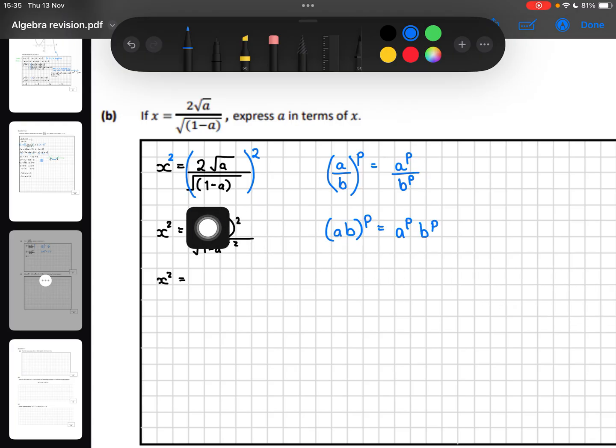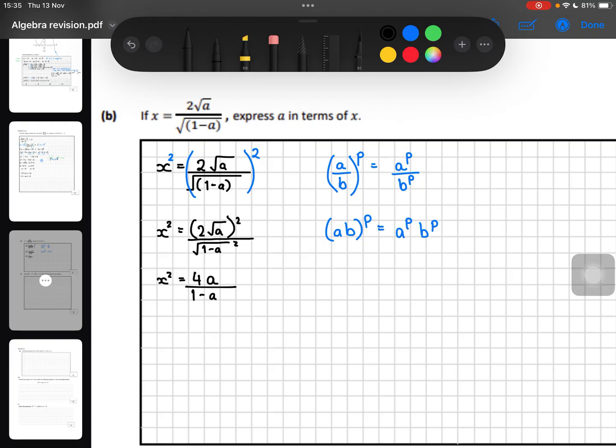So the 2 is being squared, so I get 4. And the squared is also acting on this square root, and they cancel with each other, so it's just a. So I have 4a over, and then this square root and squared cancel, so I'm just left with 1 minus a.